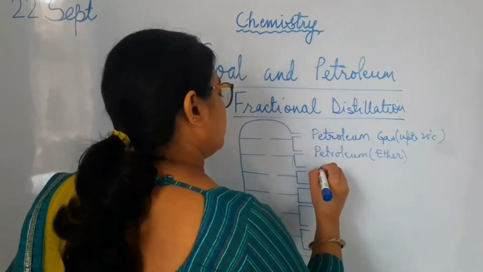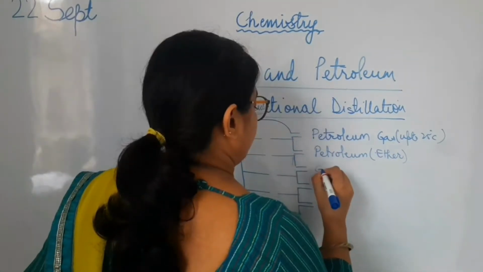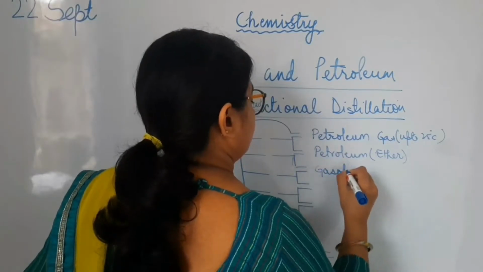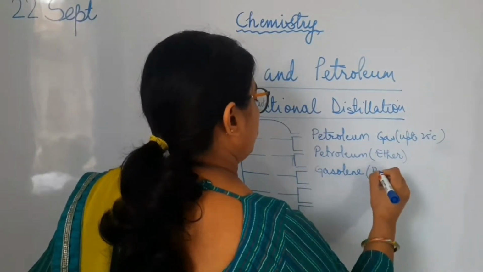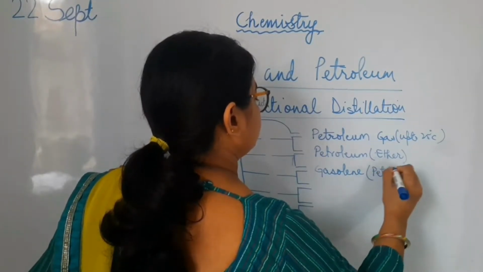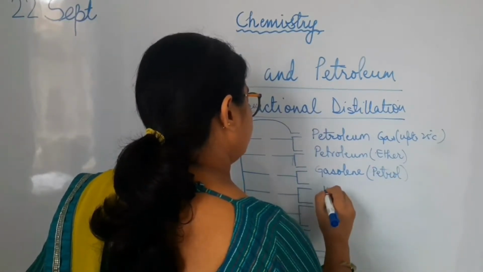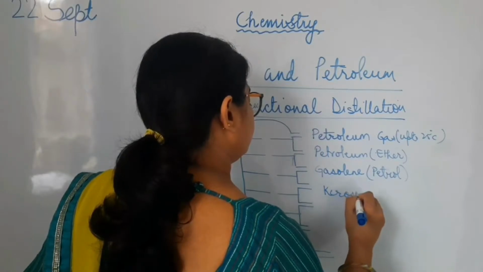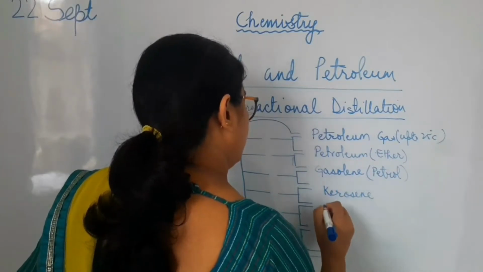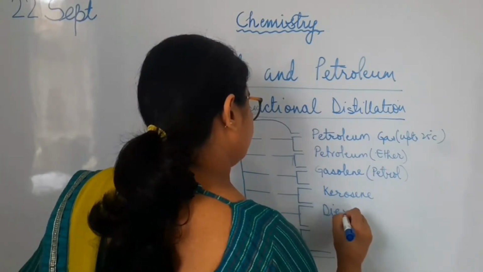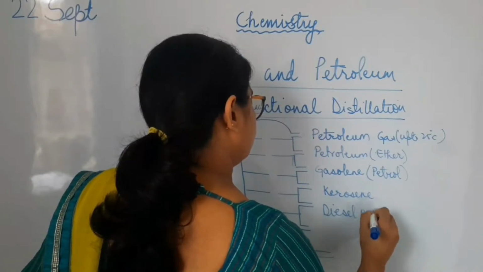Then we get gasoline. Gasoline is also called petrol. Then kerosene oil, diesel oil.